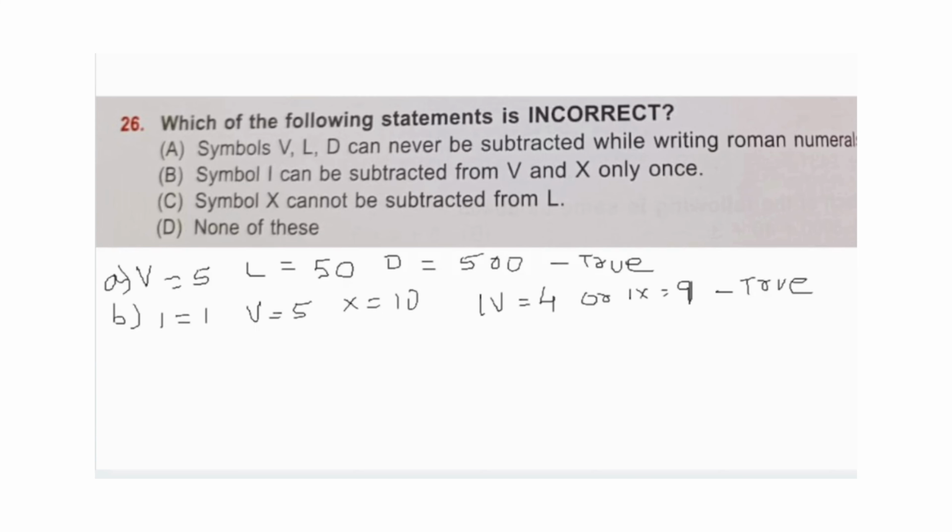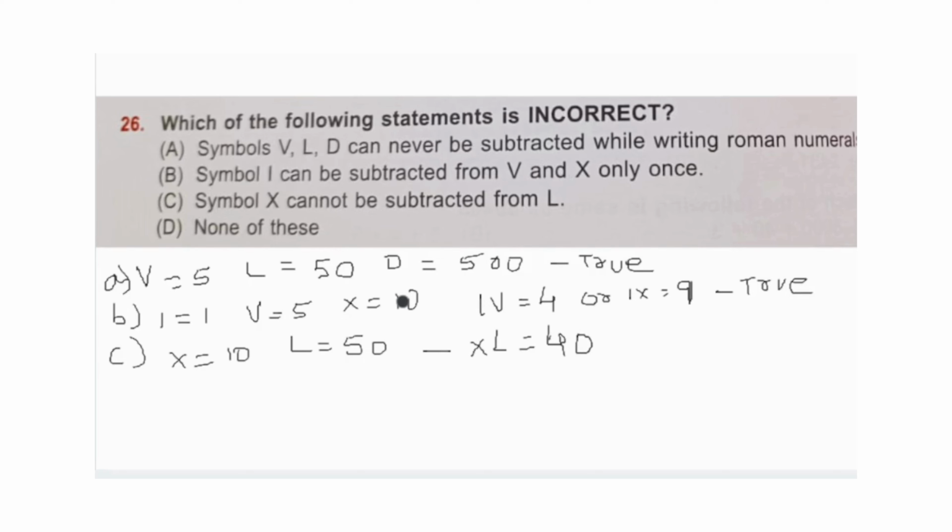Let's go to option number C. Symbol X cannot be subtracted from L. So symbol X is 10 and L is 50. You can always write XL, which is going to be 40.